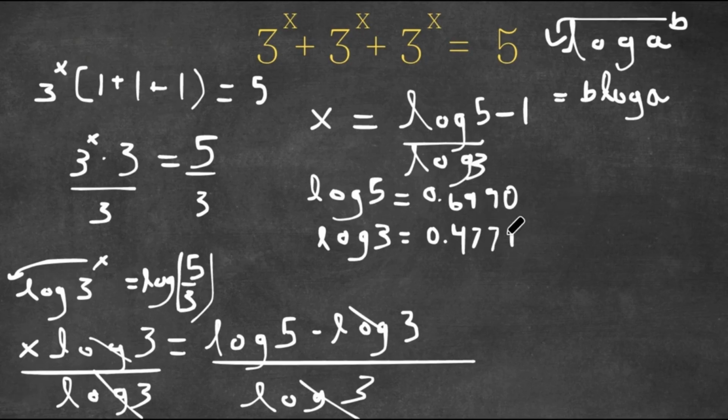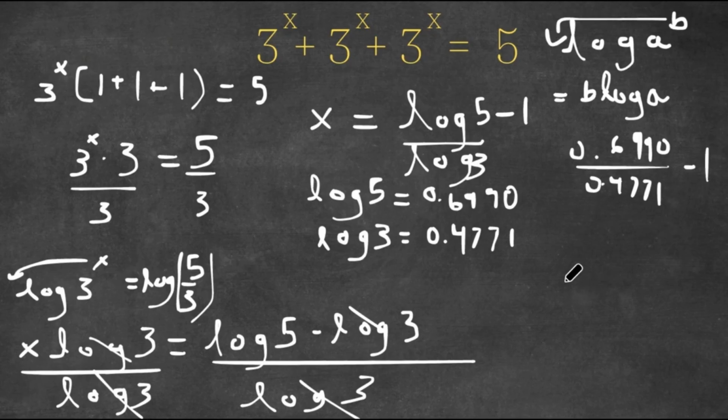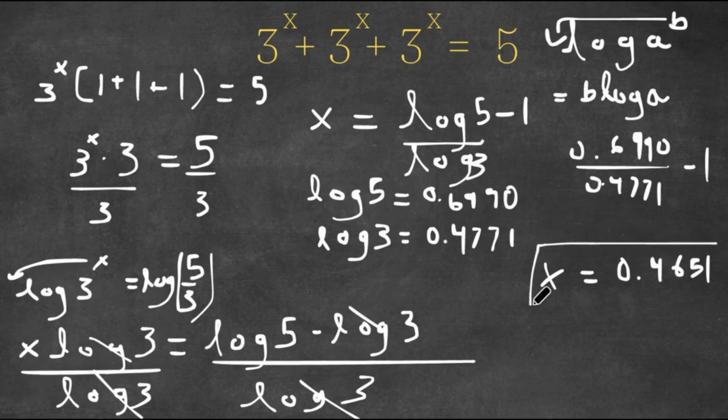So now if I plug these in, I get 0.6990 over 0.4771 minus 1. And this means that x, if we simplify this, is equal to 0.4651. So this is our answer.